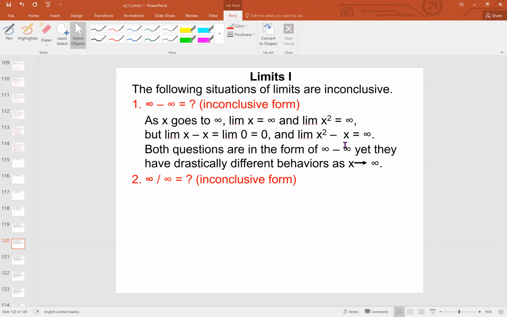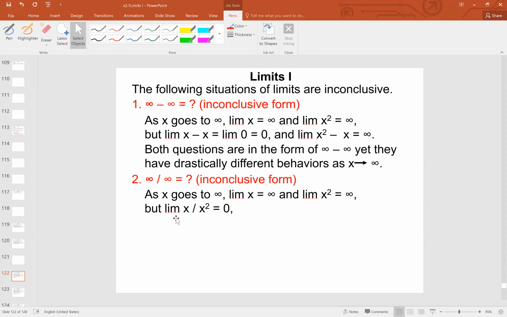Same thing with fractions. If I have a fraction with a numerator that becomes bigger and bigger in the limit, and a denominator that becomes bigger and bigger, there's no conclusion about what the limit of the entire ratio is going to be. For example, x goes to infinity, x squared goes to infinity. If I look at x divided by x squared, that's 1 over x, and 1 divided by infinity is 0.